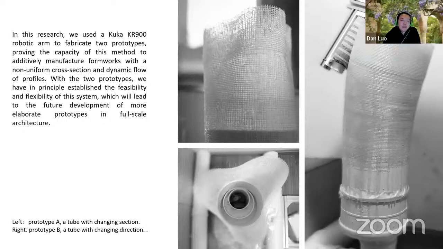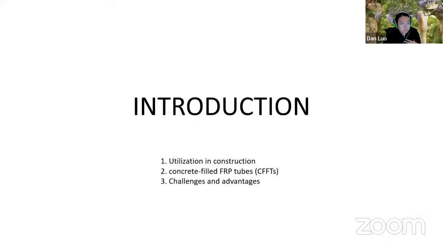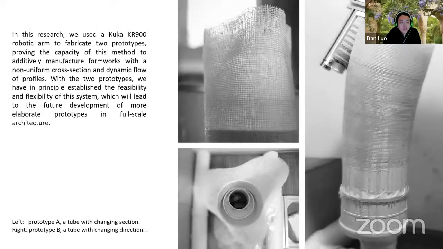And instead of the traditional layer by layer additive manufacturing, we're actually using a lamination process between the fabrics to increase our build volumes.